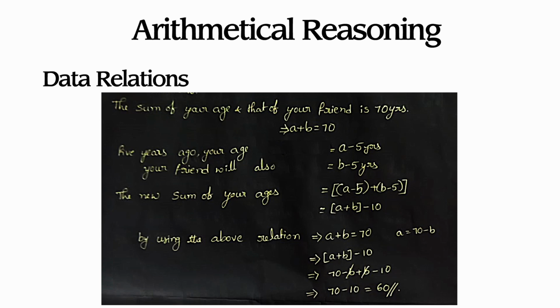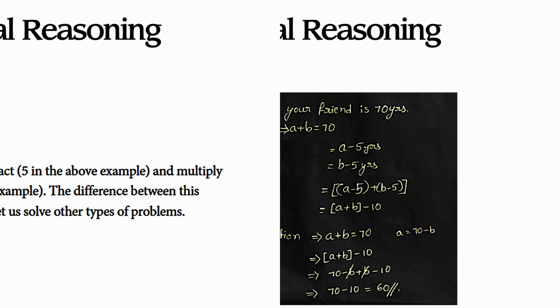Then as per the question, the relation is A plus B is equal to 70. Now 5 years ago your age would be A minus 5 and that of your friend will be B minus 5. So the new sum of your ages will be A minus 5 plus B minus 5. This can be written as A plus B minus 10.